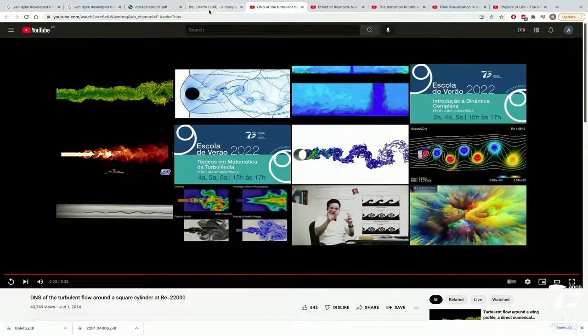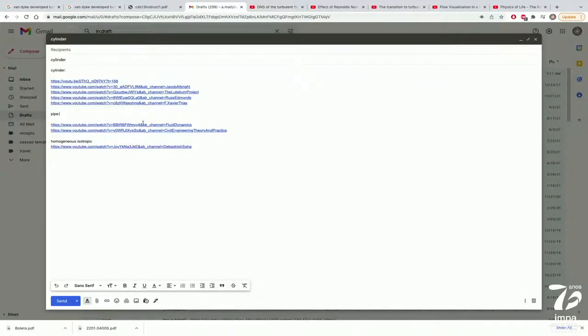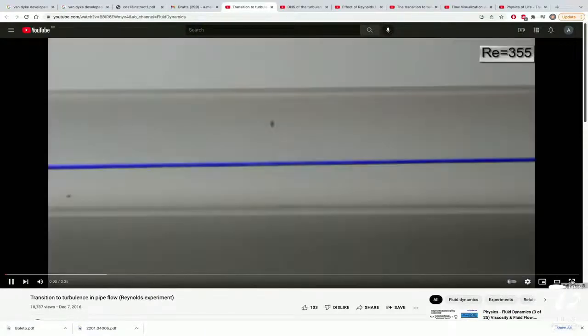Okay. What else? So the next, I also have some videos about turbulence in a pipe. So the flow is not around the cylinder, but inside. So this is a pipe, and then this is a dye which at low velocity is just a straight line.